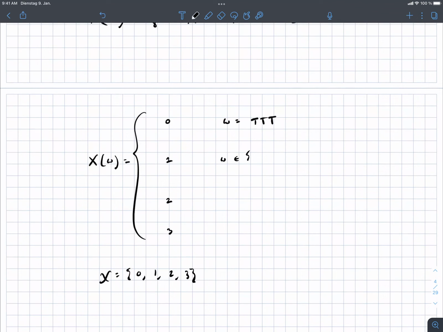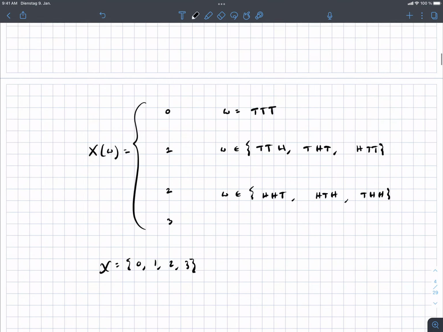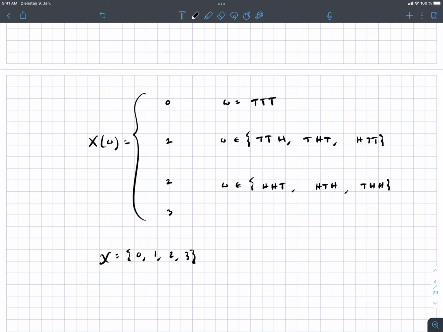If I get tails, tails, heads, tails, heads, tails, heads, tails, tails, I get the value of 1. If I get heads, heads, tails, heads, tails, heads, tails, heads, heads, I get the value of 2 for x.